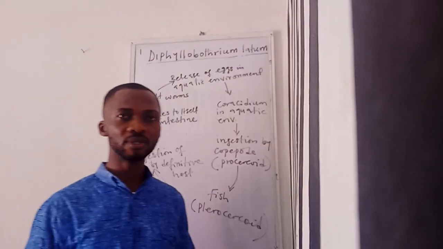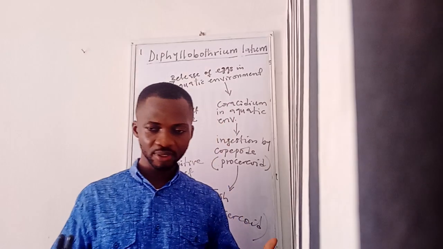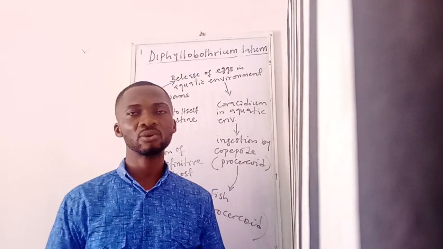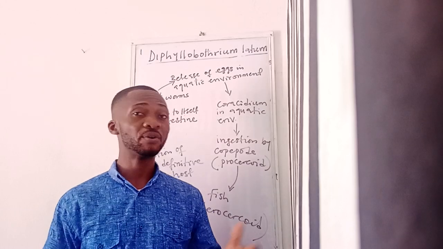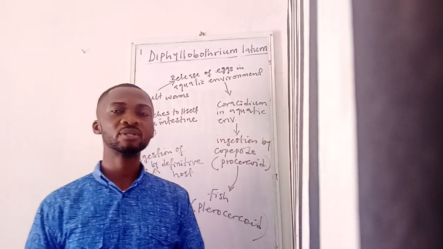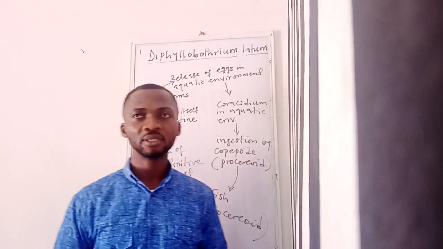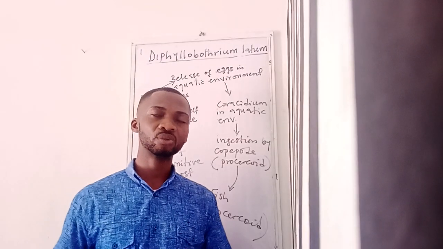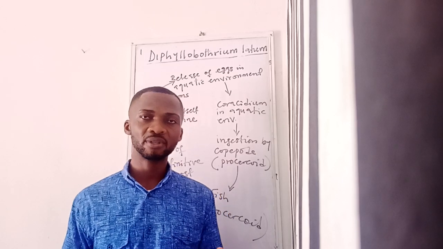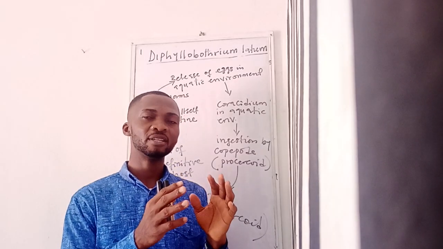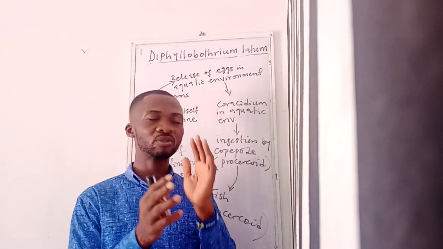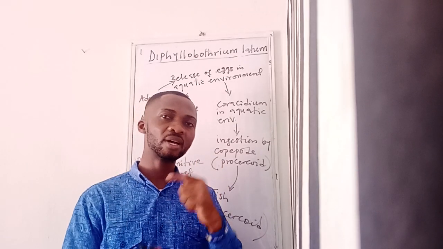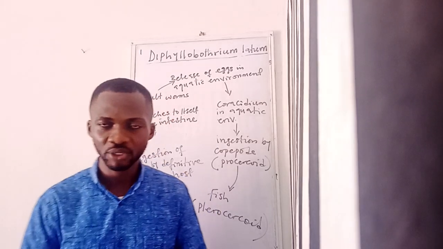We know that diphyllobothriasis can result in nausea and diarrhea. The individual may begin to experience diarrhea or nausea. Then there could also be mild irritation or inflammation of the intestine, from where they use their botria to attach. They use their botria to attach to the wall of the intestine, from whence they grow to maturity.